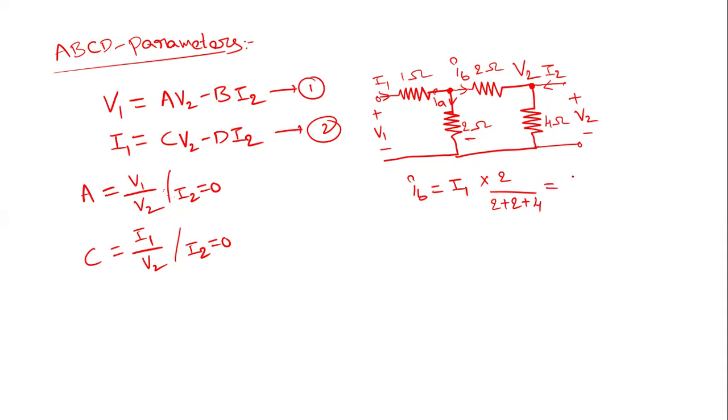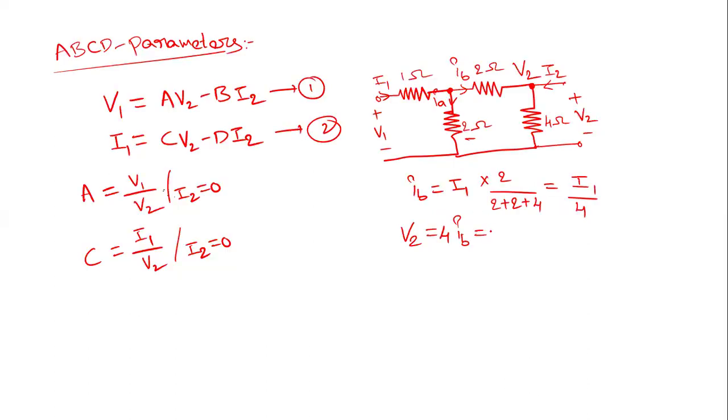So this is 2I1 by 8, that is I1 by 4. Now V2 is 4IB, so 4 into I1 by 4. So V2 is I1.